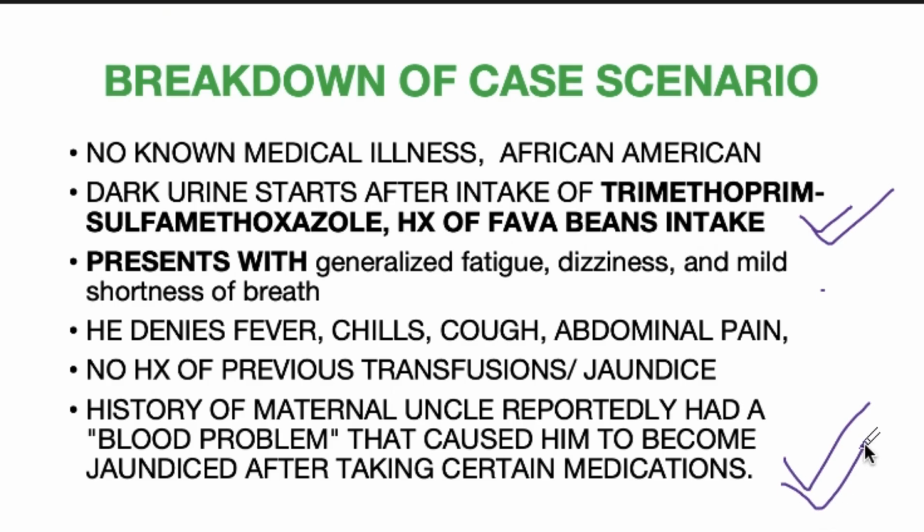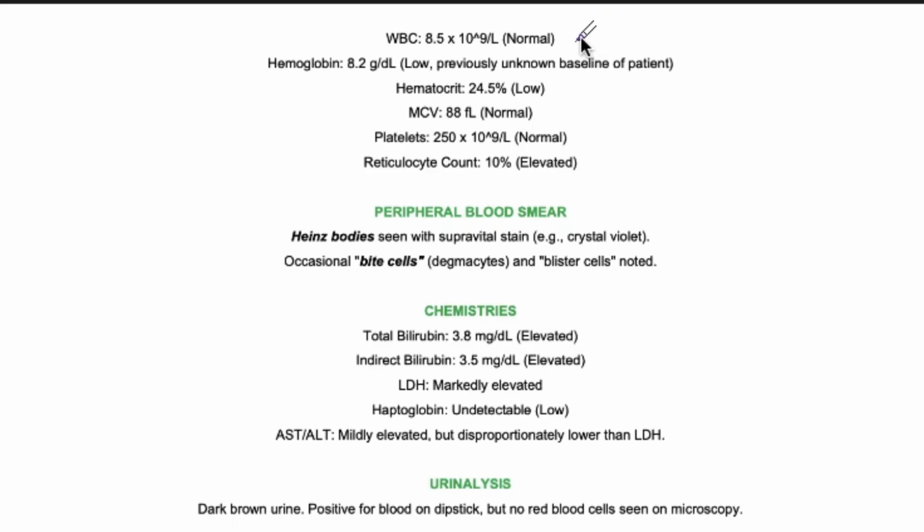For the complete blood count done, the white blood cell level is 8.5, which is within normal range. This tells us that Paul's recent hemolytic episode may not be associated with infection.